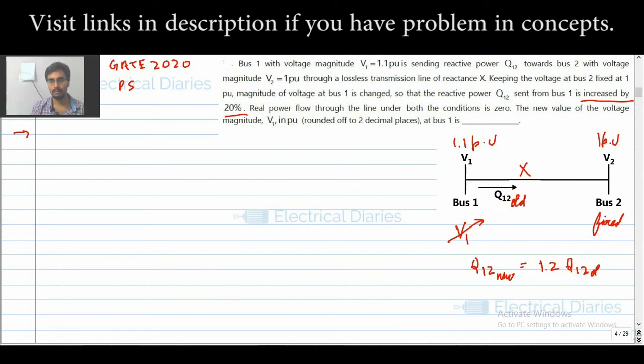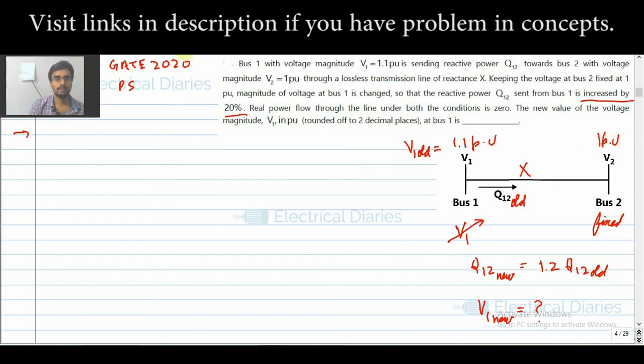The real power flow through the line under both conditions is 0, so P is given as 0. We have to find the new value of the voltage magnitude V1 at bus 1, the V1 new. This is V1 old, and V2 remains fixed. So that is the whole situation.